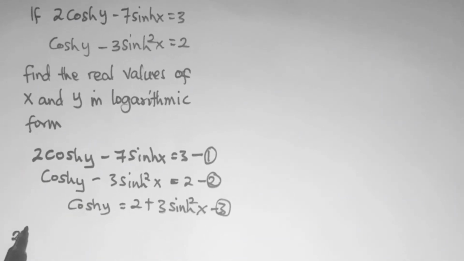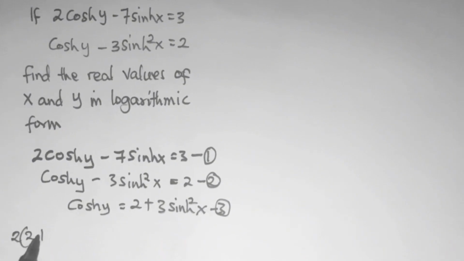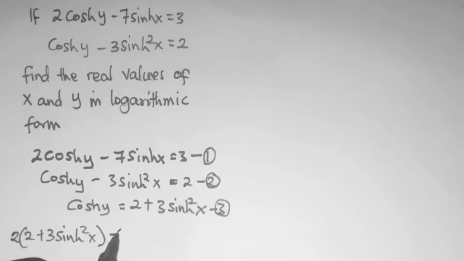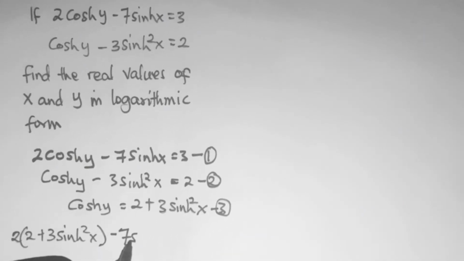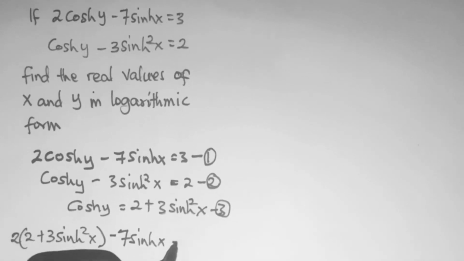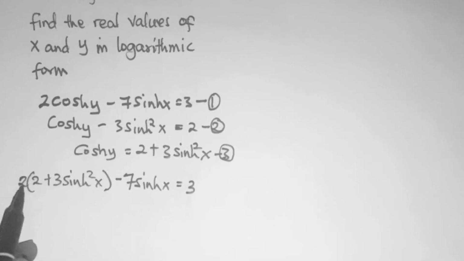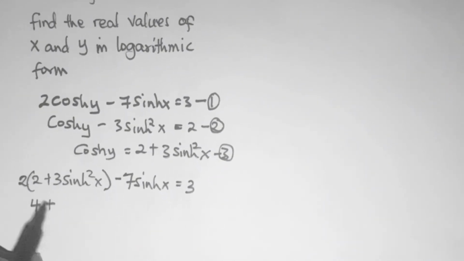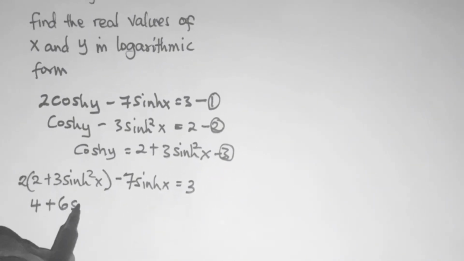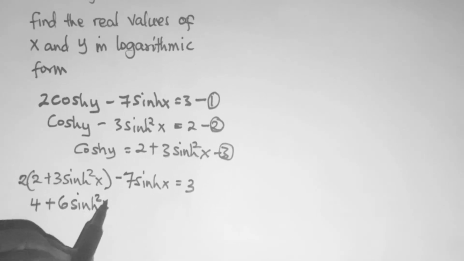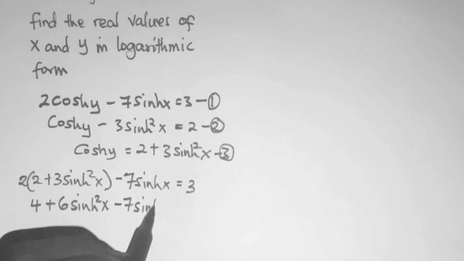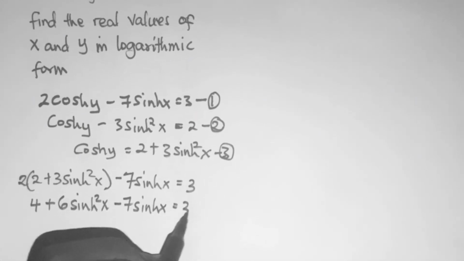So 2 times (2 plus 3 sinh squared x), then minus 7 sinh x is equal to 3. Let's expand everything. 2 times 2 is 4, plus 2 times 3 is 6 sinh squared x, and then minus 7 sinh x is equal to 3.